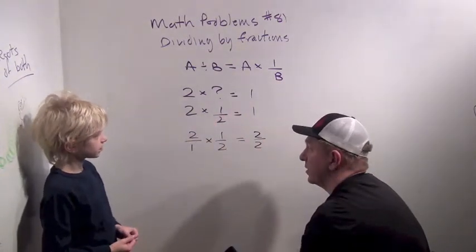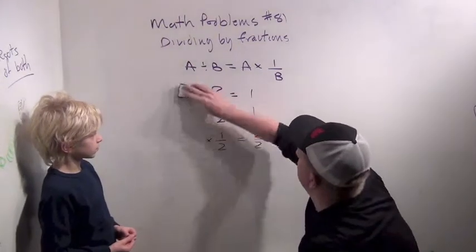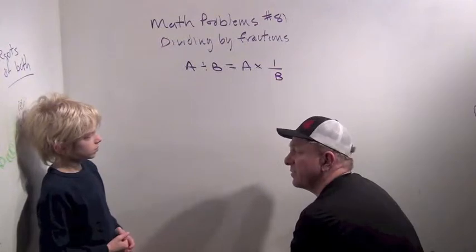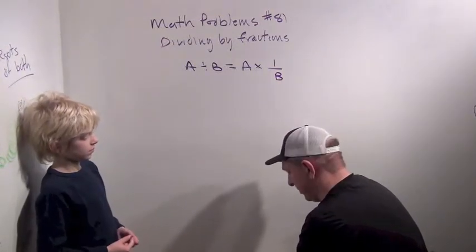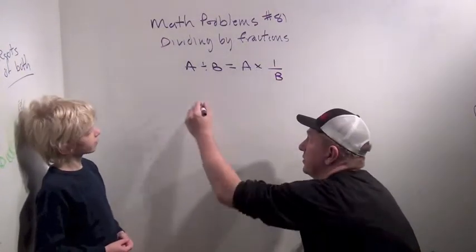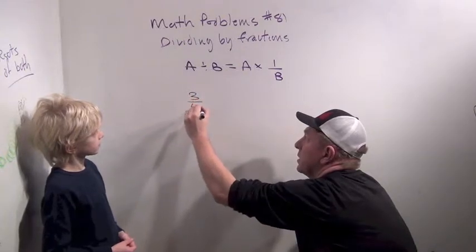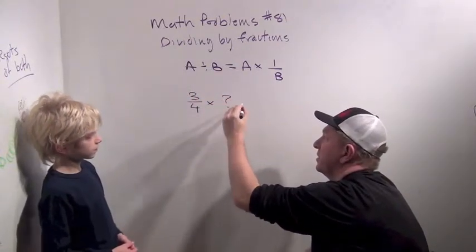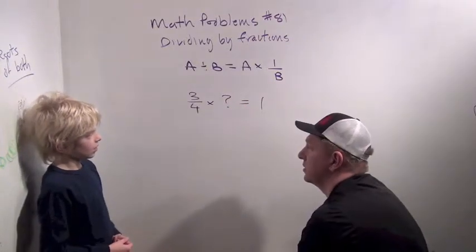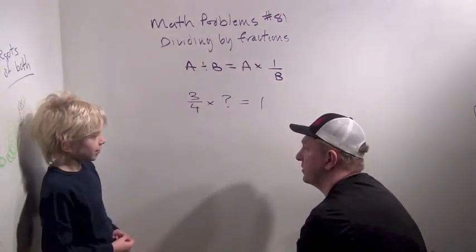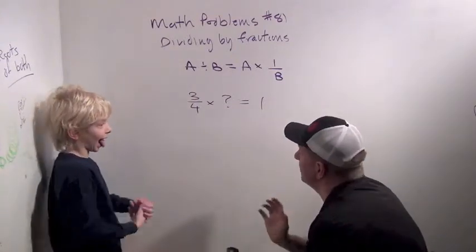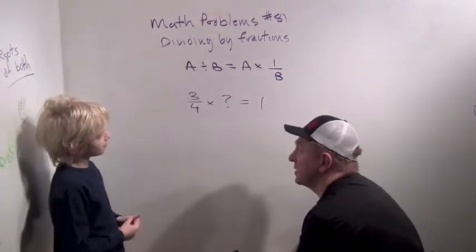But a maybe more difficult question is, what is the reciprocal of a fraction? Tell me a fraction. It's 3/4. Okay, 3/4. So we need to figure out what number 3/4 times what number equals 1. What in the world? How could this even work?